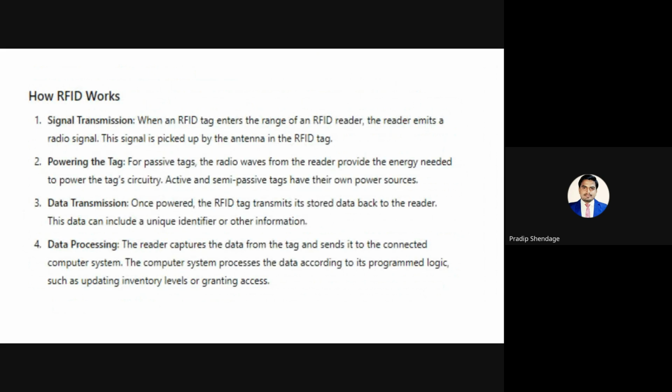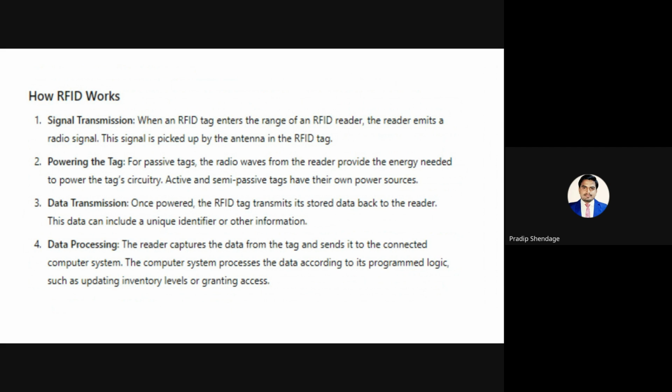So these are the components of RFID. How does it work? The first step is signal transmission. Second, powering the tags, then data transmission, and data processing. When an RFID tag enters the range of the RFID reader, the reader emits radio signals, and this signal is picked up by the antenna in the RFID tag. Then powering the tags: as we discussed, there are two types of tags, active and passive.